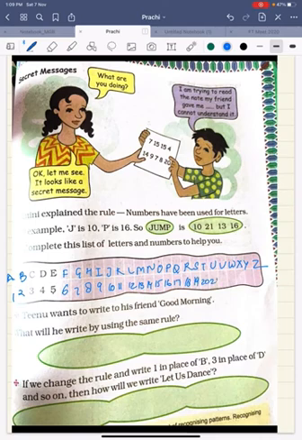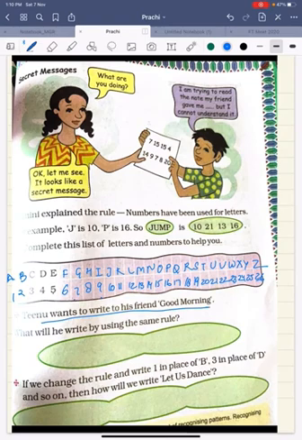Like this, we are writing a number for each alphabet. Okay. So when we want to decode the message, we have to simply look at the number and find out the alphabet. Like Tinu wants to write to his friend good morning.